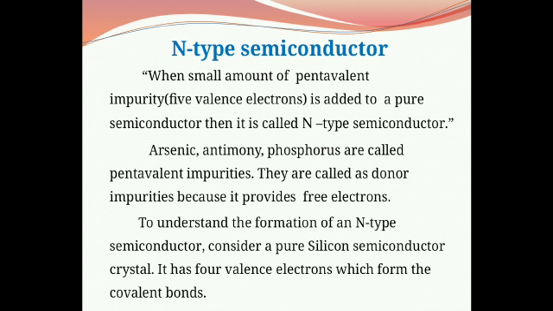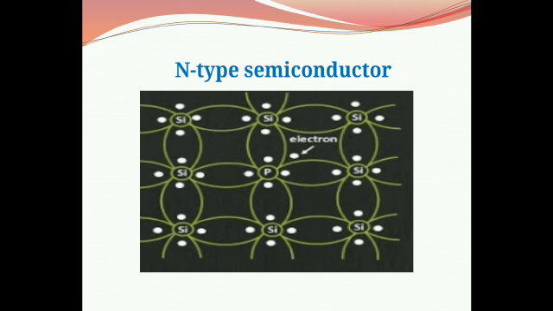Arsenic, antimony, phosphorus are some examples of pentavalent impurities, and these impurities are also called donor impurities because they provide free electrons to the semiconductor crystal. To understand the formation of an N-type semiconductor, consider a pure silicon or germanium semiconductor crystal. It has 4 valence electrons which form the covalent bonds.